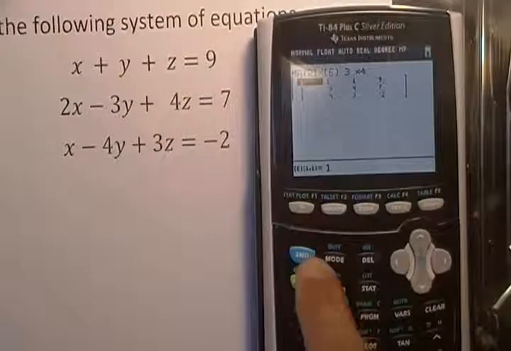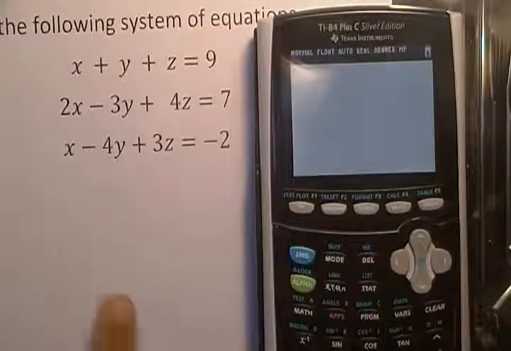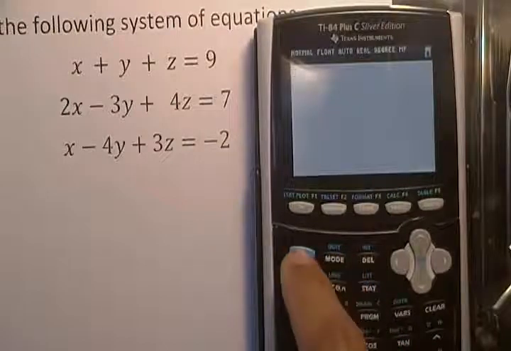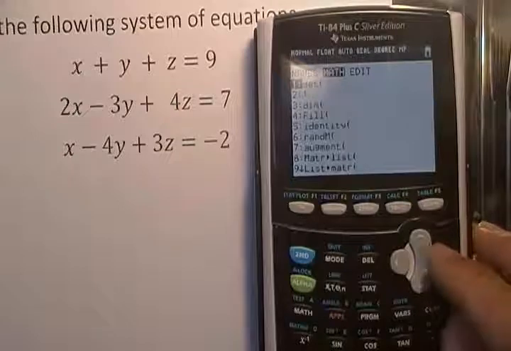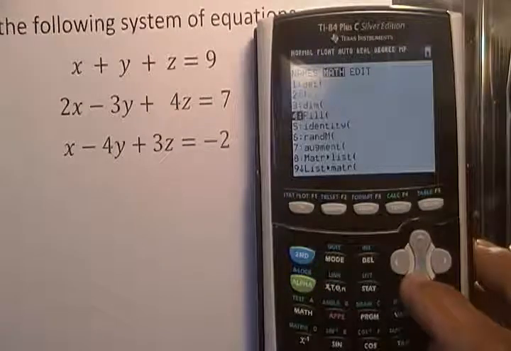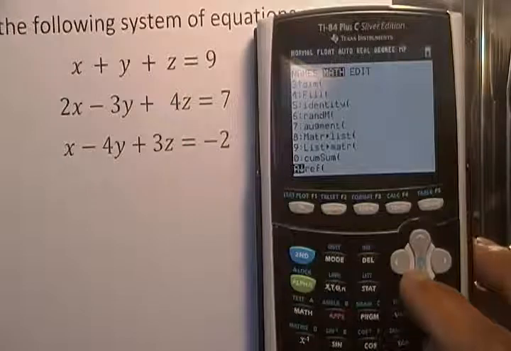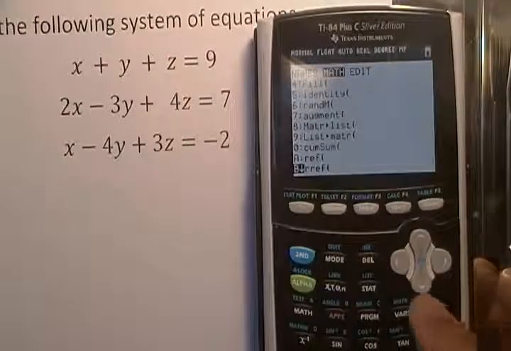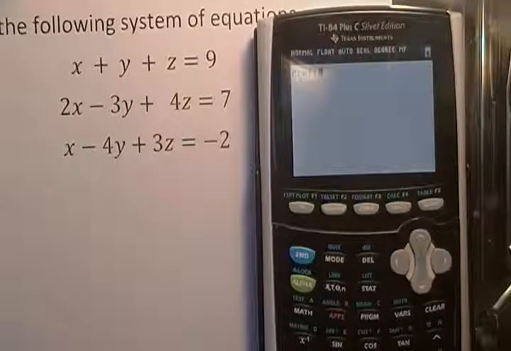Now go second and quit, and go back. Second and matrix, and now go to math, and from here you select RREF, that's B. Press enter, and then here you bring in your matrix.